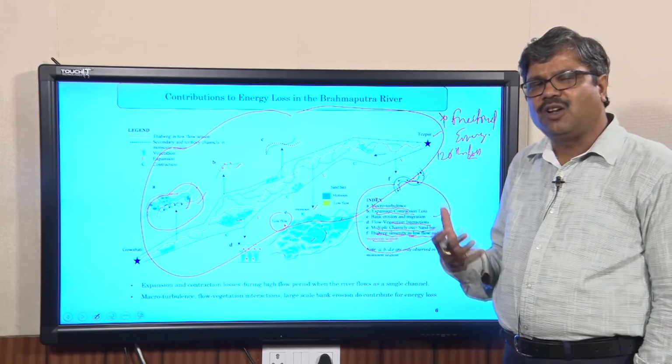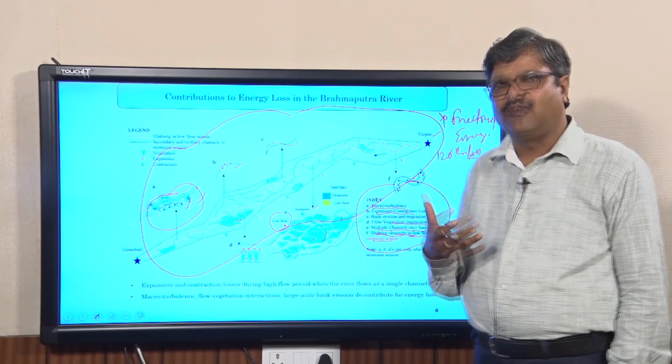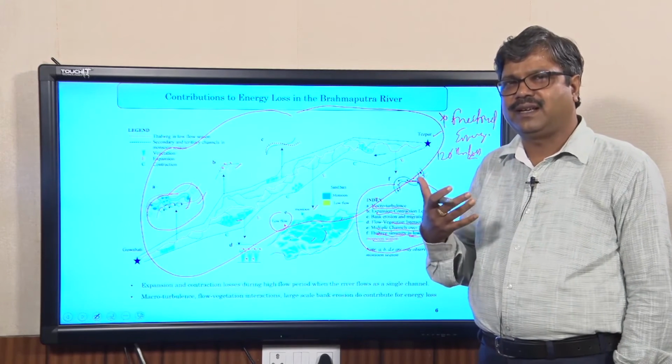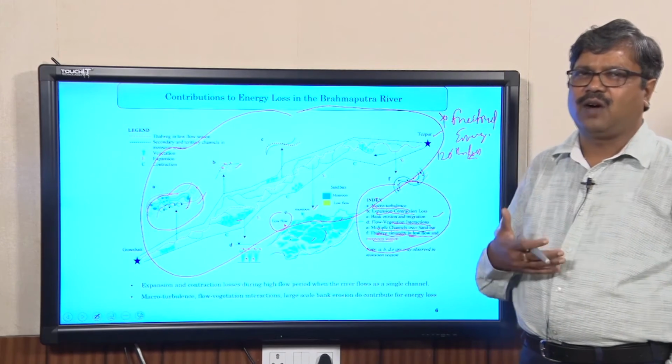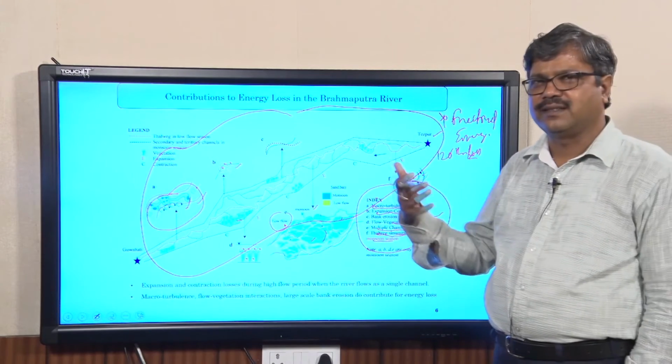All this knowledge we should have, to understand how a river does energy dissipation, how it does sediment transport, and how water flows with velocity, turbulent structures, depth and width.